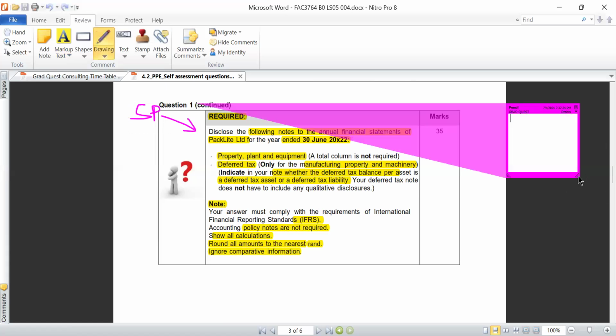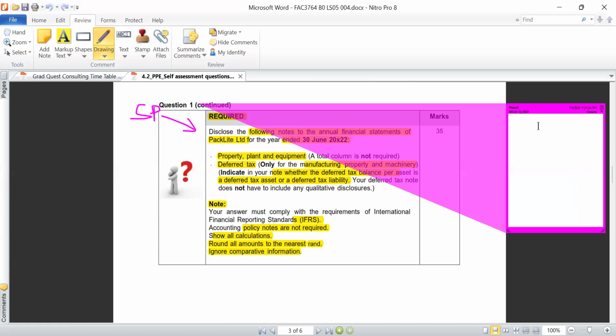So the first point of departure, I'll call that step 1: read the required part. Step 2: identify the type of PPE assets in the given scenario.